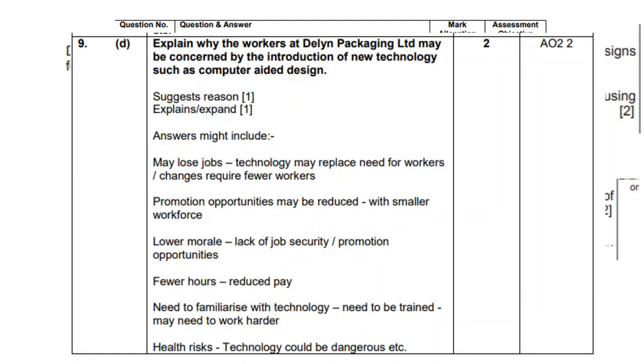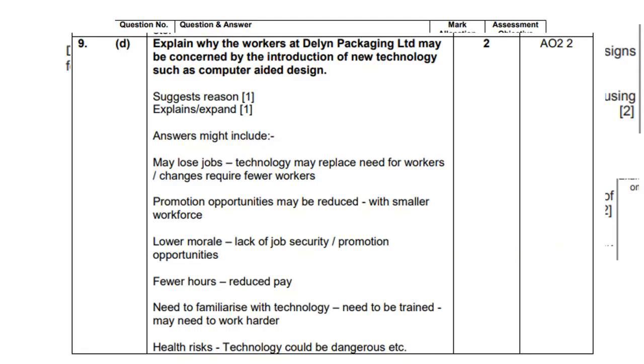Then you've got, why are the employees going to be maybe worried about new technology? So there might be redundancies, so technology may replace the need for workers, therefore fewer workers are going to be required. Promotion opportunities may be reduced, therefore you're going to have a smaller workforce.